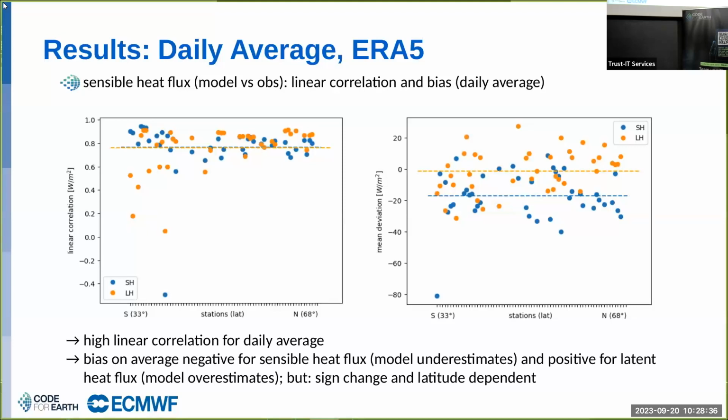Just some stations, especially the southern stations, and latent heat flux sometimes have lower correlations. And if we look at the bias on the right side, we see that the sensible heat flux has on average a negative bias, about -20 watt per square meter. For the latent heat flux, on average the bias is close to 0, but we also see a slight latitude dependence, from negative values at the southern stations to more positive bias at the more northern stations.